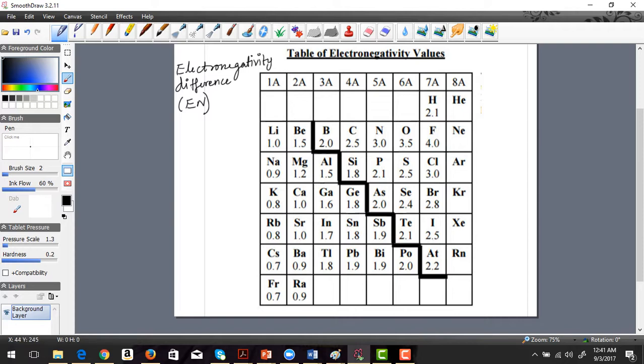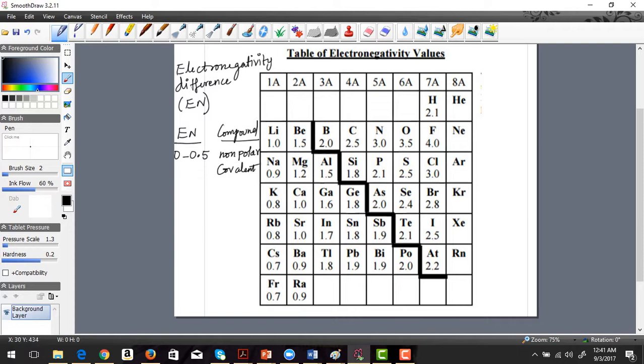Based on the electronegativity difference, we can classify compounds. If the EN, the electronegativity difference, is 0 to 0.5, the compound is nonpolar covalent.